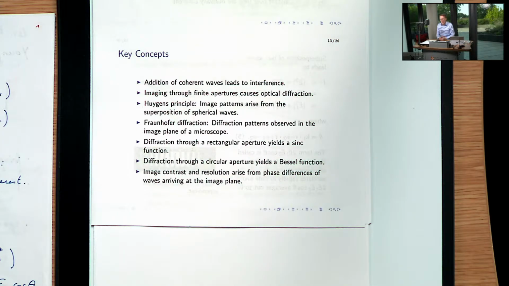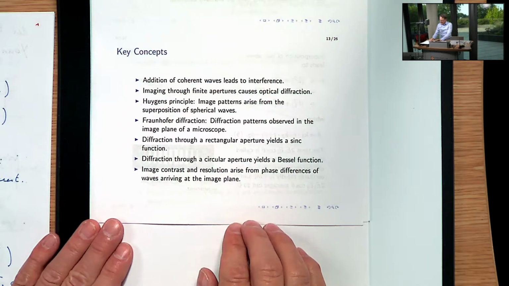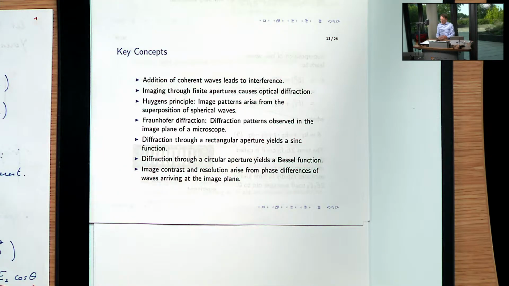These conditions are always met in a microscopy system. So we need to understand how Fraunhofer diffraction arises and how to describe it, and then we can describe the image patterns that we see in a microscope. Finally, we will go through 2 examples to see how we calculate the Fraunhofer patterns.